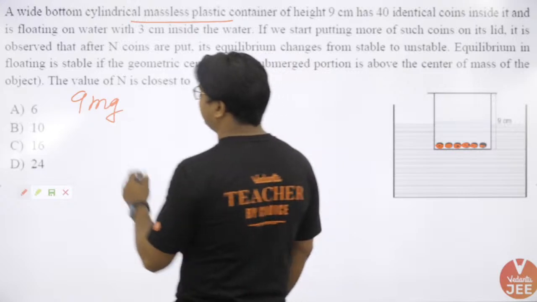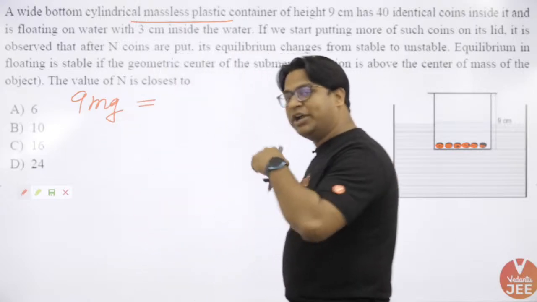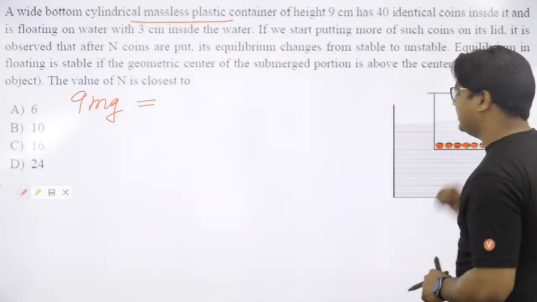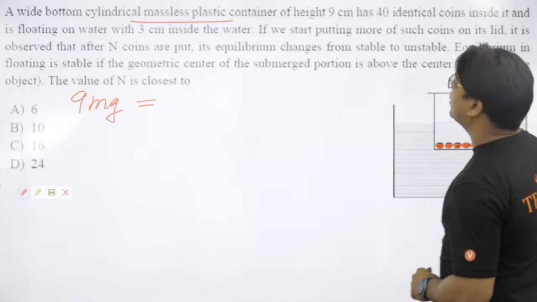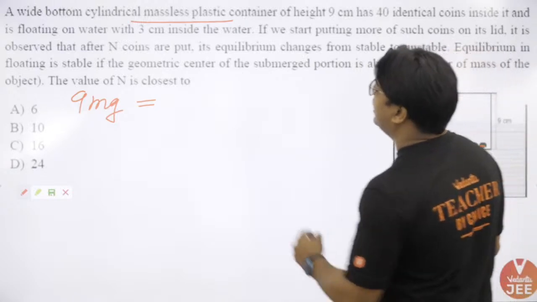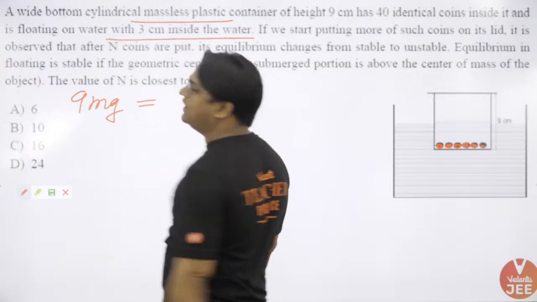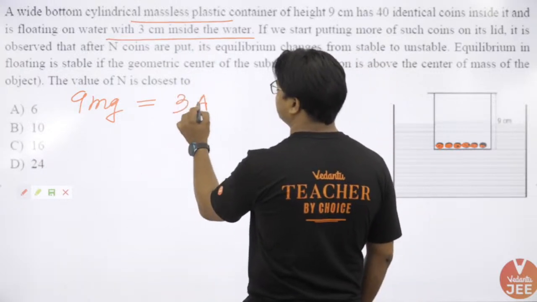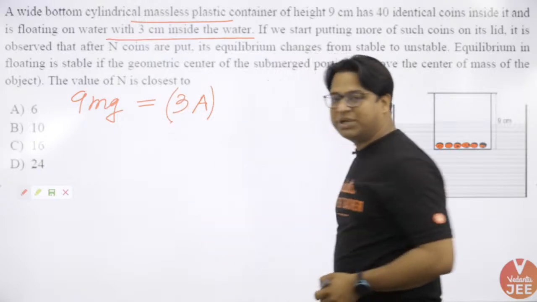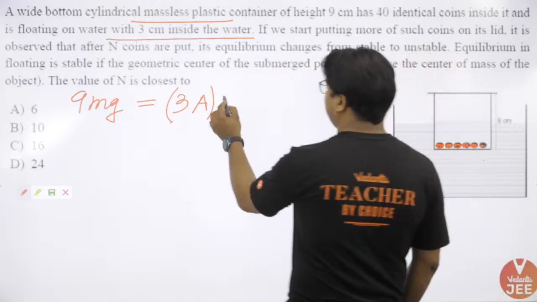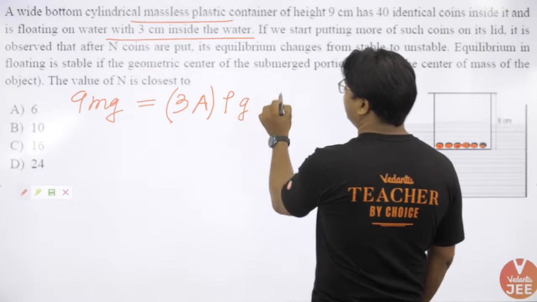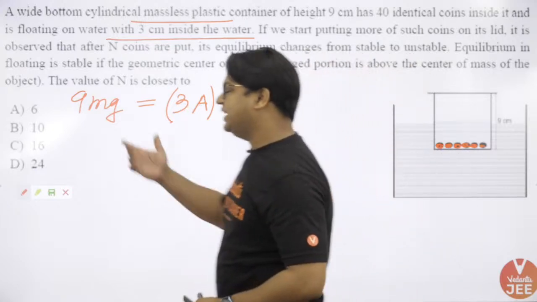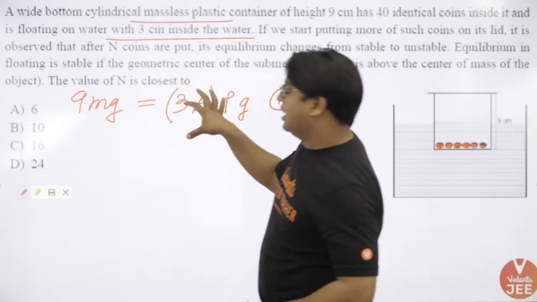So 9 times the weight of the coin is equal to the buoyant force acting right now. According to the question, 3 centimeter is inside the water. So 3 centimeter times the cross-sectional area is the volume that is submerged, then density and g. So this is one of the equations: 9mg equals the buoyant force.